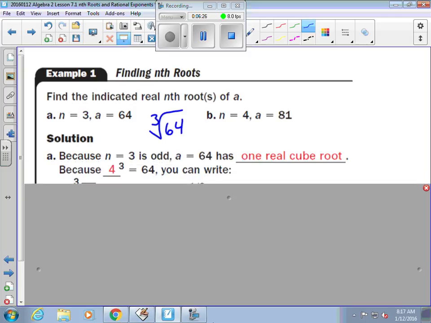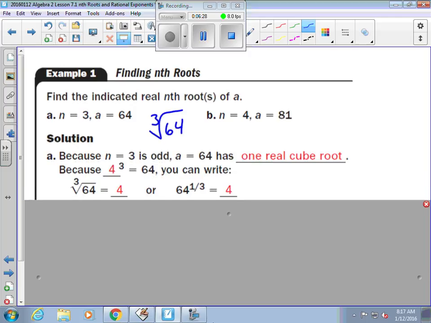Because 4 to the third power is equal to 64, the cube root of 64 is equal to 4, or here's the notation, 64 to the 1/3 power. Notice that's the same thing, that's why it says "or." We'll start rewriting them in that fashion, especially when we're dealing with the rule with negative values.